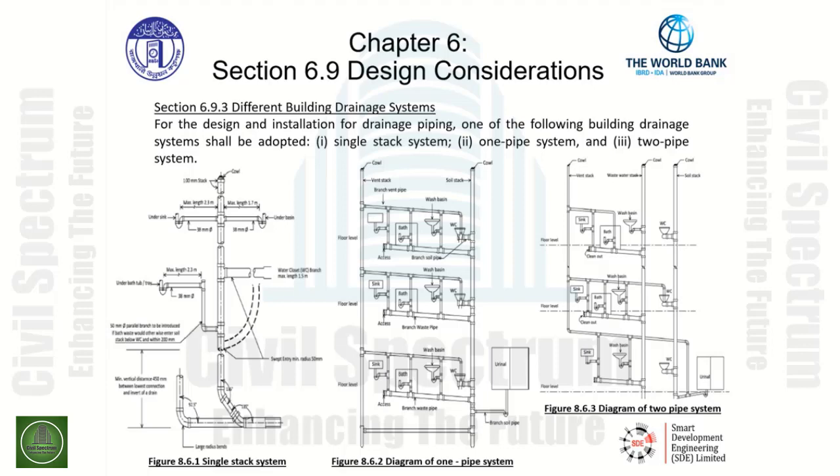Looking at these briefly, in summary, we can go back to the single stack system and observe that it is a single pipe with connections made directly to that single pipe, which serves both as a discharge means for horizontal connections and a main artery for venting or providing atmospheric air pressure into this system.